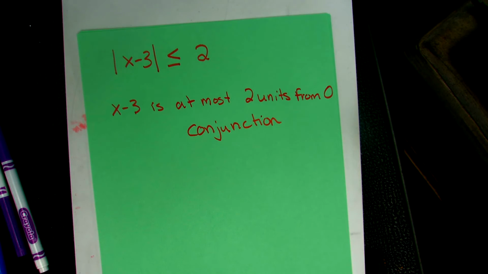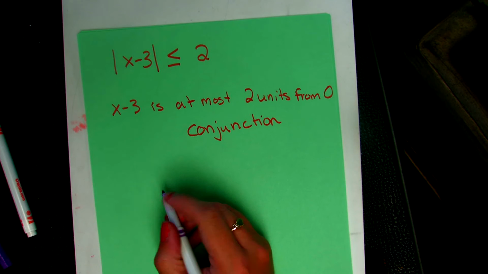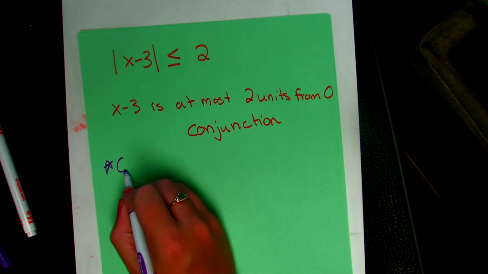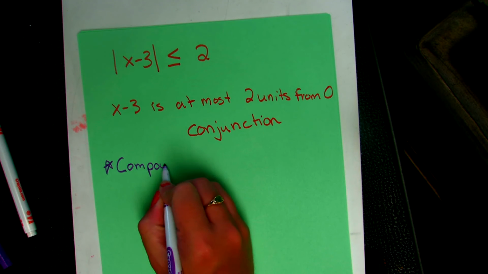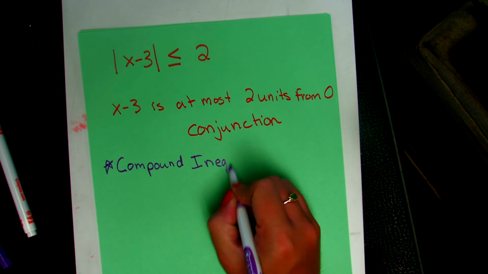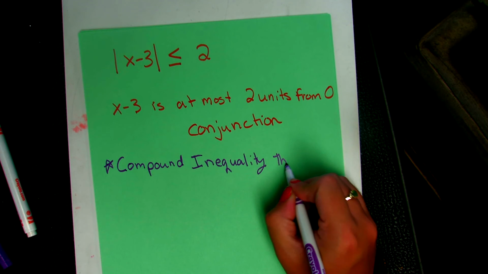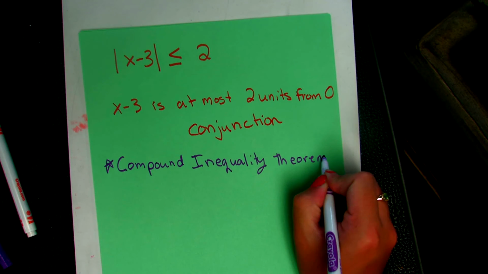Alright, so there's a theorem that summarizes whether you have a conjunction or a disjunction. So let's look at the theorem. It is the compound inequality theorem. So this theorem is going to tell us, how do we know if it is a conjunction or a disjunction?